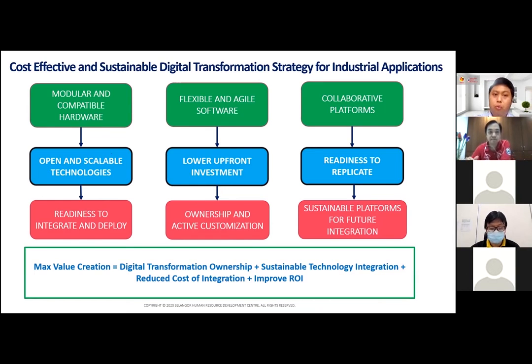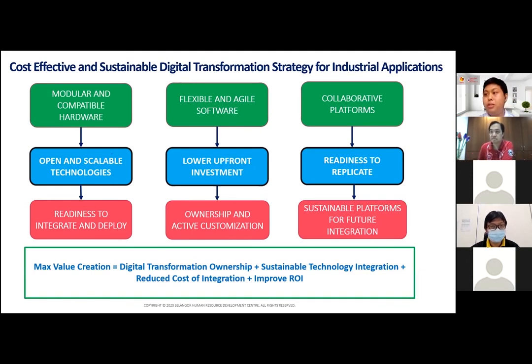So when you work with open and scalable technologies, technologies that are ready to replicate and sustainable to grow in the future, you create what we call maximum value, right? And we always advocate for ownership and active customization for industries so that they are able to translate whatever they have learned into real valuable assets for the company, right?